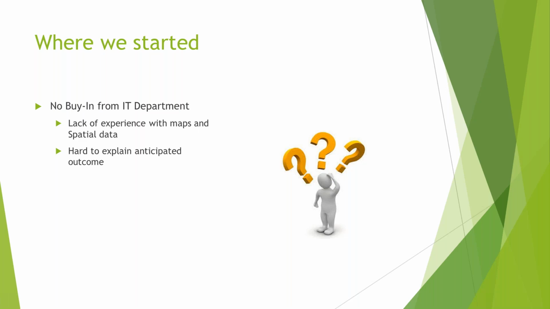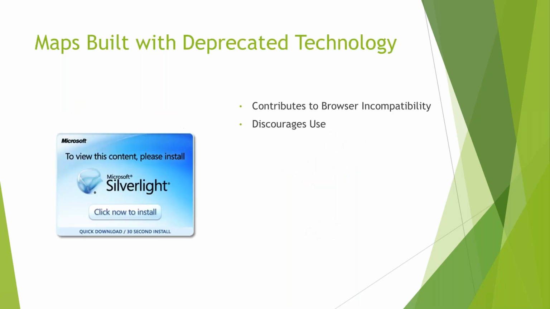They just didn't have very much experience in it, and it was really hard for us to explain what the anticipated outcome was for a lot of these applications because they had no spatial data background. They had no way of really understanding when we started talking the GIS talk, and they didn't understand what we were asking them to deliver to us.